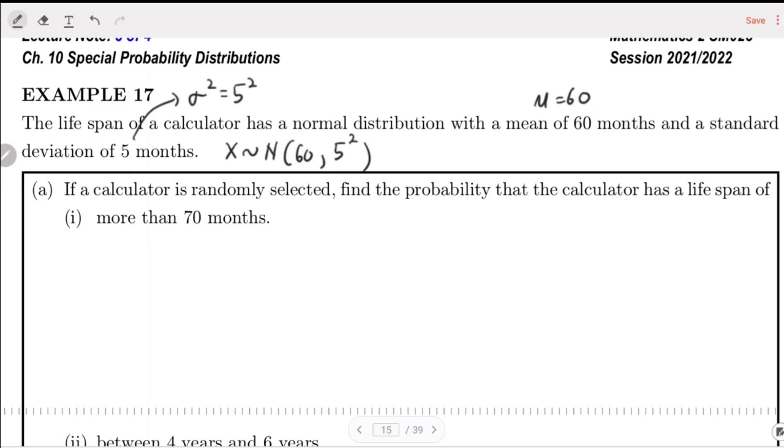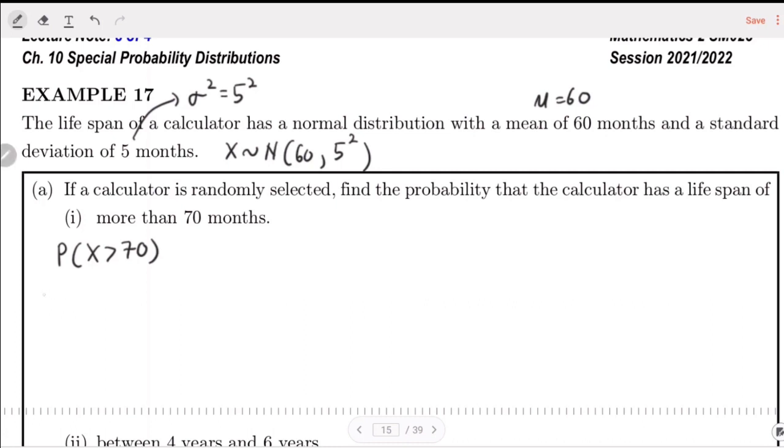Next, the question is, if a calculator is randomly selected, find the probability that the calculator has a lifespan of more than 70 months. So more than 70 months means X greater than 70. In order to find the probability for normal distribution, we need to follow the 4 steps that I already mentioned earlier.